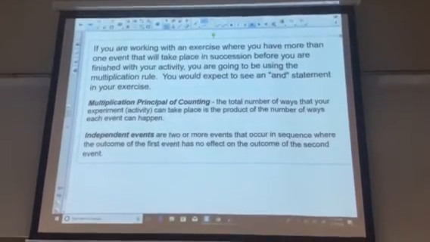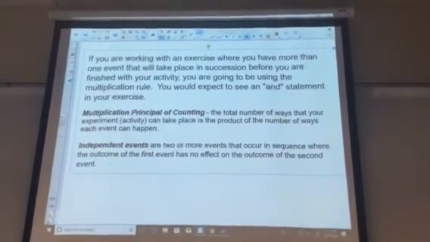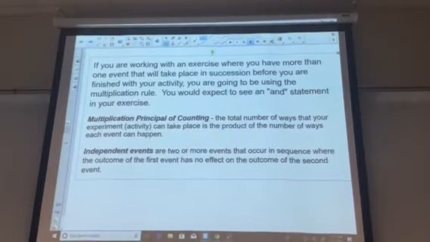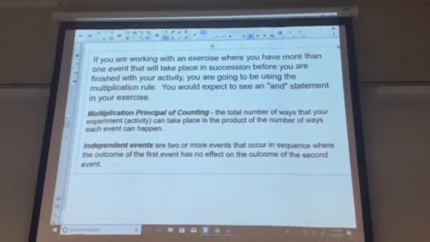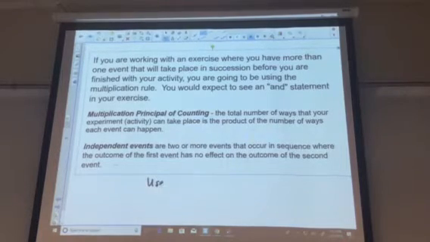And if that happens, then we're a little bit safer. But when event number 1 has something to do with event number 2, we have to deal with that a little bit differently.